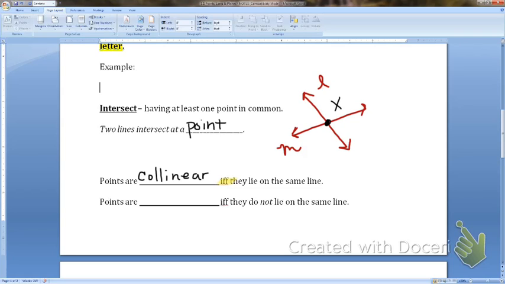Okay, so what is an example of collinear? So if we have 3 points that are on the same line, so let's draw 3 points here. I'm going to label this P, Q, and R. And let's draw a line through all 3.